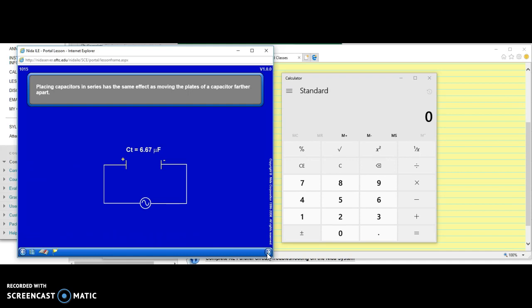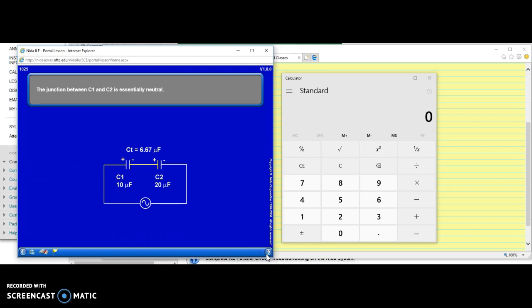Basically, we're just spreading those plates further apart. So if we have two of those in series, the circuit just sees that as one capacitor, or overall capacitance there of 6.67 microfarads. And the greater the distance, the lower the capacitance. So the farther apart we get, the lower we get in capacitance.